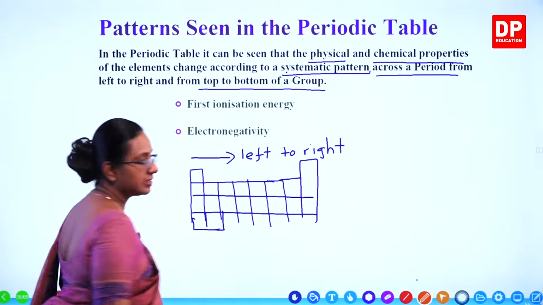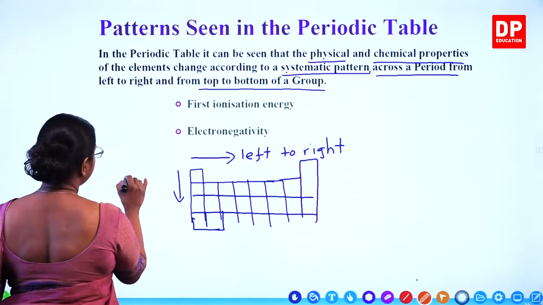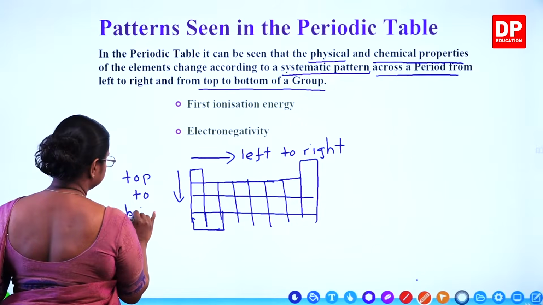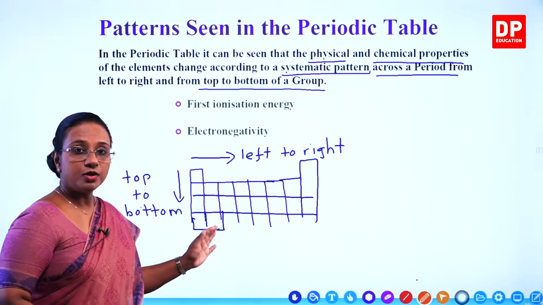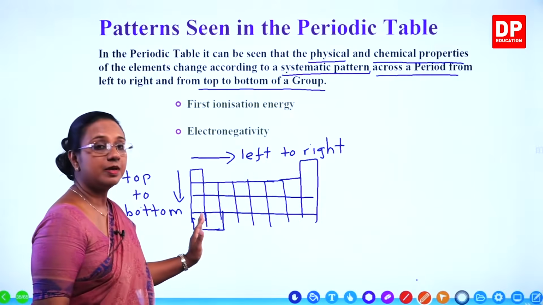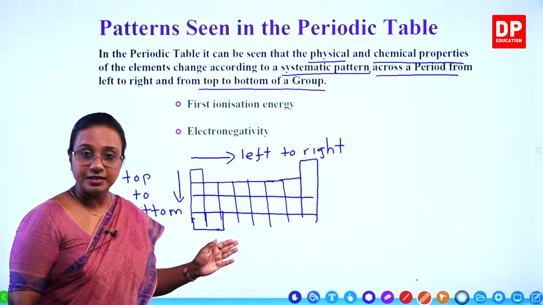You can see certain changes and down the group from top to bottom. And we saw that elements of similar properties come into the same group. They recur at regular intervals.